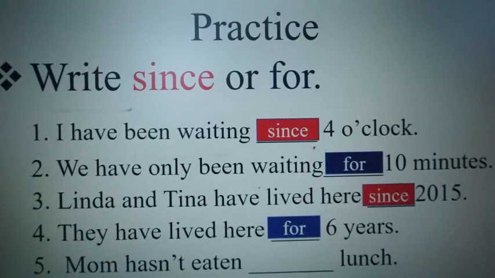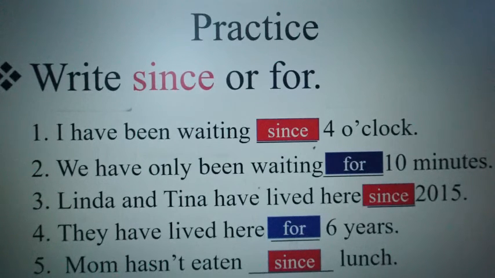So we can measure the period of time that they have lived here, almost 6 years. And number five, "Mom hasn't eaten since lunchtime." So up to right now she still hasn't eaten anything, she has eaten nothing.